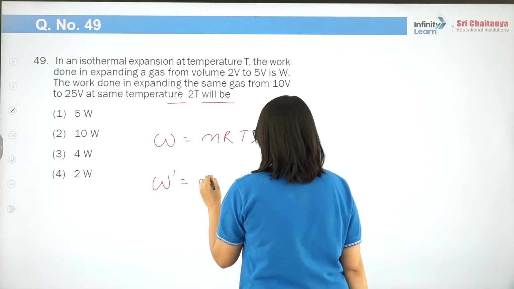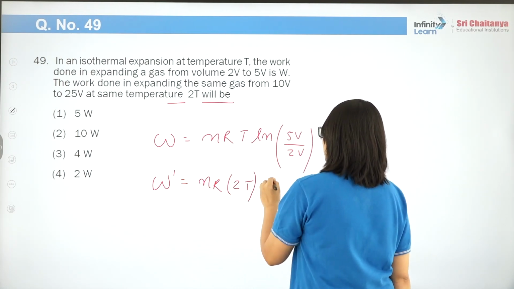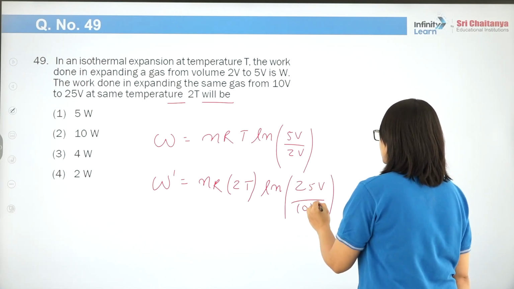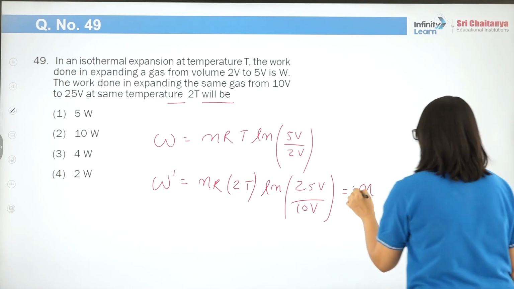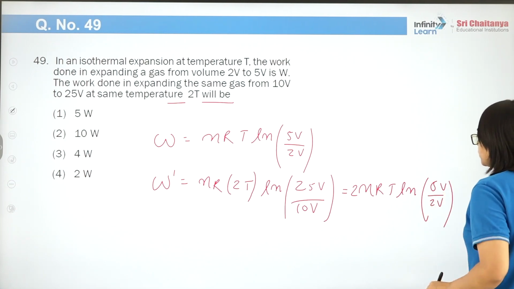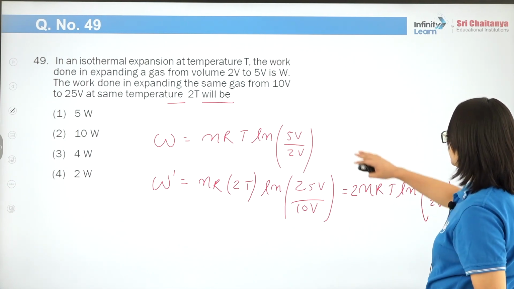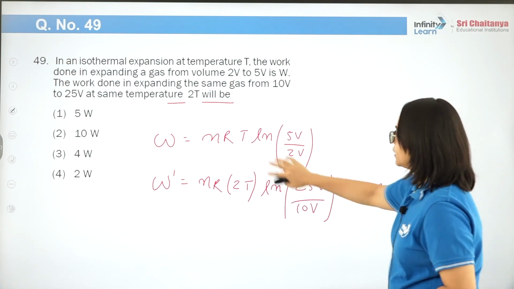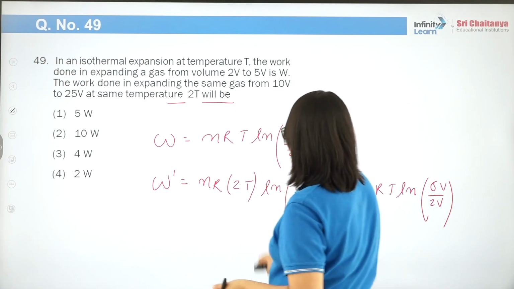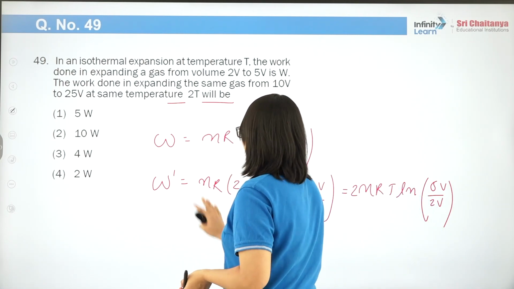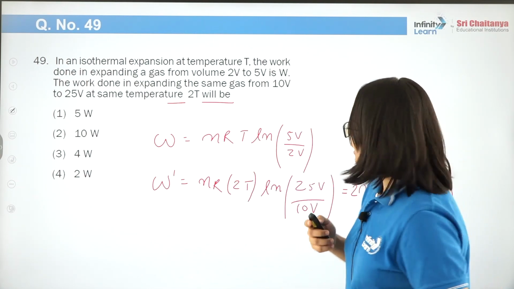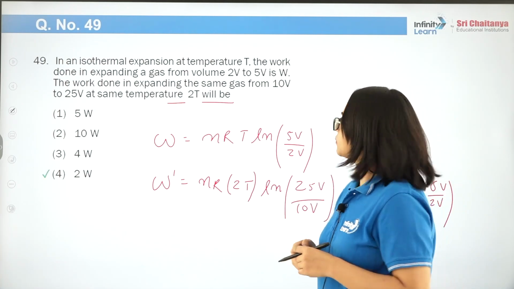So W dash will be nR 2T ln 25V divided by 10V, and this will be 2nRT ln 5V divided by 2V. So over here you can see that ln V2 upon V1 is same, nR is same, only the change in temperature is there. So work done is directly proportional to temperature of the system. So over here, if temperature is 2 times, then work done will be 2 times. So W dash will be 2 times the previous work done, which is W. So correct answer is option 4.